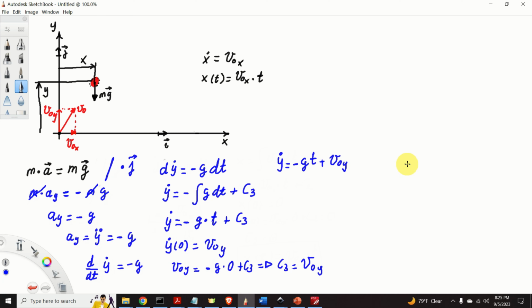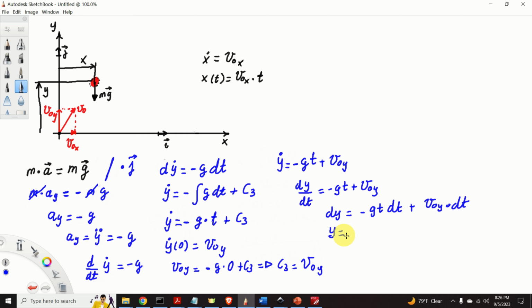Next, we need to determine y as the function of time. To do that, we need to integrate this equation. From this equation, we obtain that dy over dt is equal to minus gt plus v0y, or dy is equal to, let's see, minus gt times dt plus v0y times dt. Let's integrate this equation.